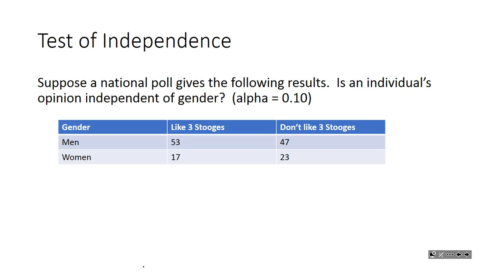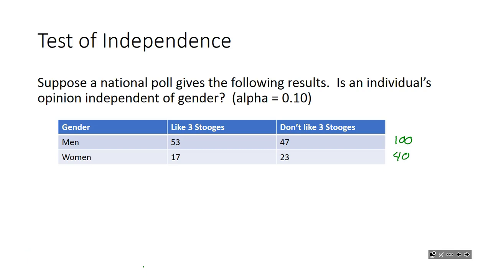We're going to do a few things to set up this problem, and before we go into the calculator and do our appropriate test, there will be a little bit of preliminary work that you'll always want to do. First thing, let's just get some row and column totals. So notice that there are a total of 100 men in this survey, and there are a total of 40 women.